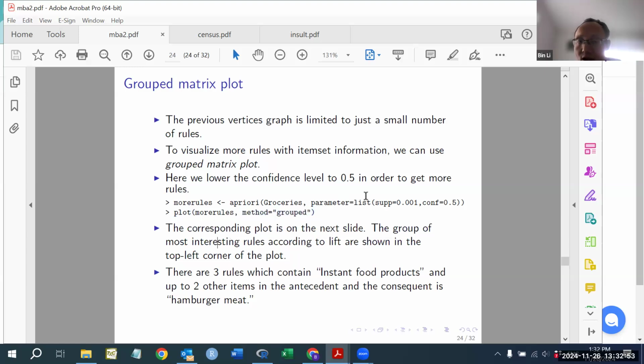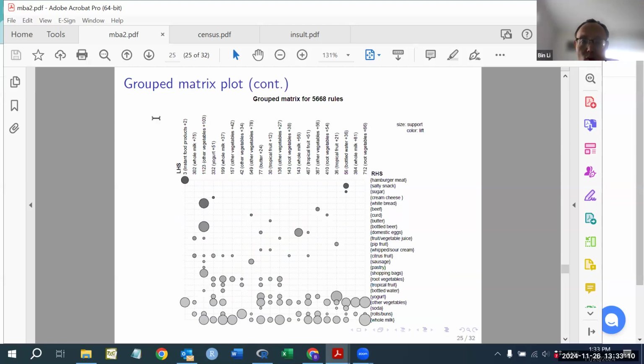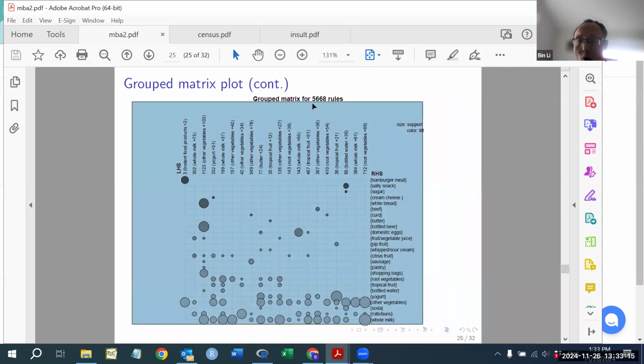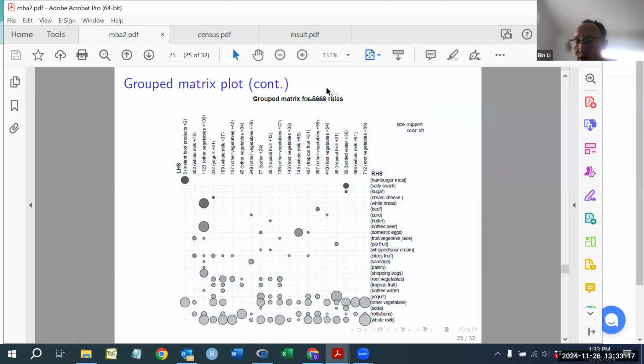Here we lower the confidence from 0.8 to 0.5 so that we will have more rules. But the support threshold is still 0.1%. So we have this grouped matrix plot for over 5,000 rules.